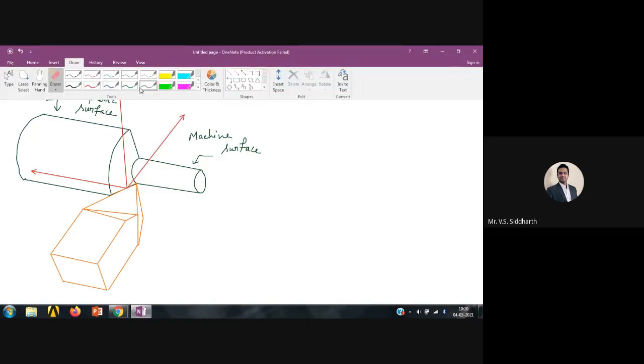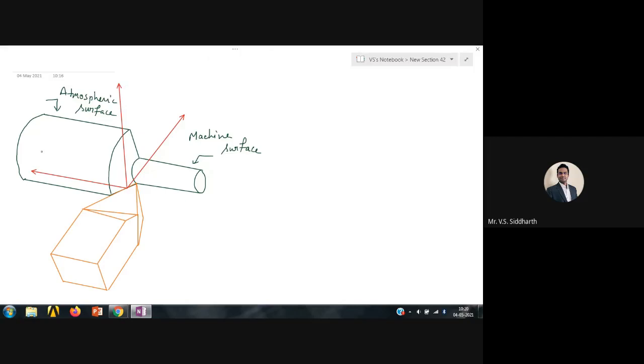I'm calling these directions the X direction, this direction the Y direction, and this direction the Z direction. Okay, clear up to here?